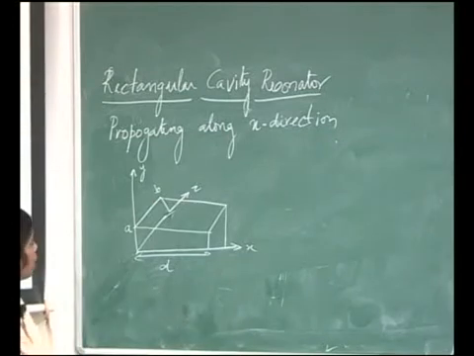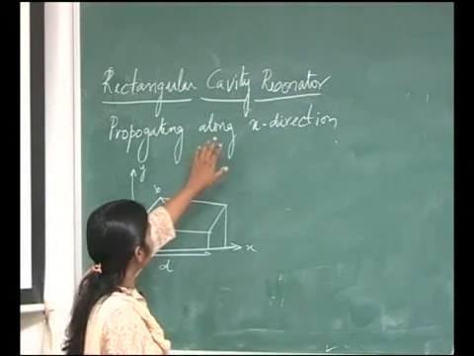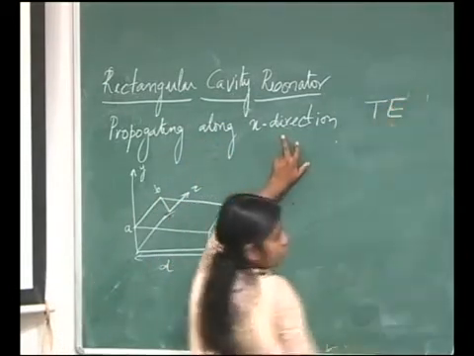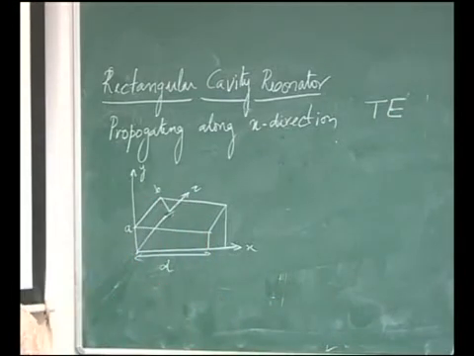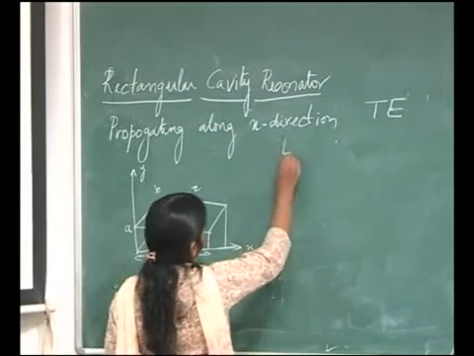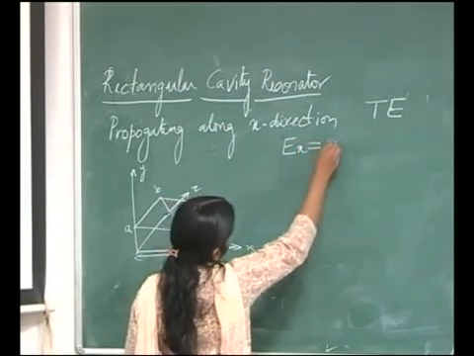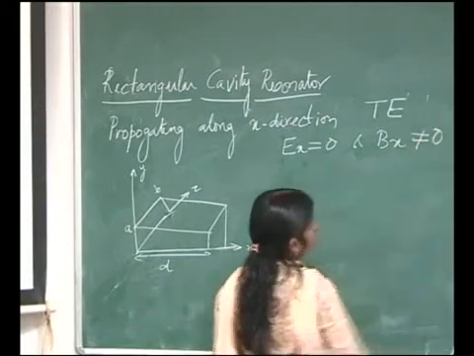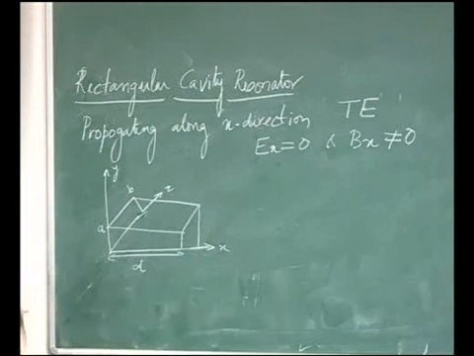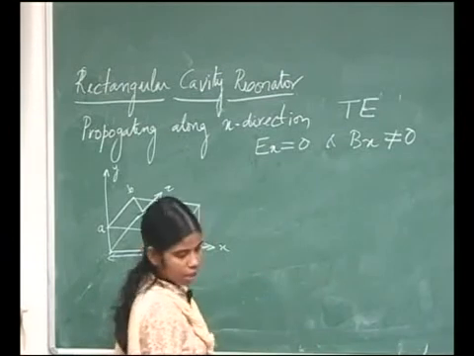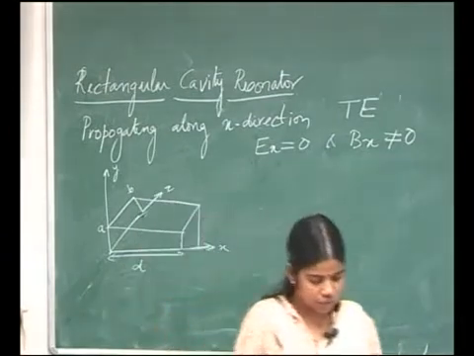Okay. So now I am interested in propagation along x direction for TE mode, TE waves I am interested. Okay. So when my wave is propagating along x axis, I know that Ex should be 0 and Bx should not be equal to 0. Okay, this is the condition for TE mode. Now from Maxwell's equations, I can write down few equations.